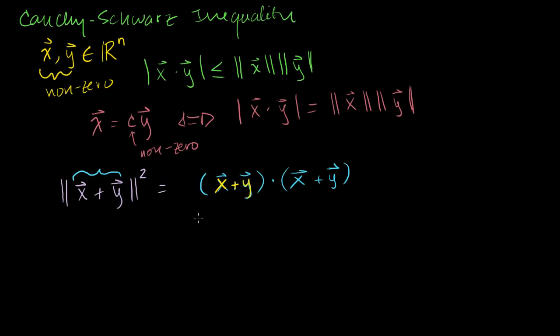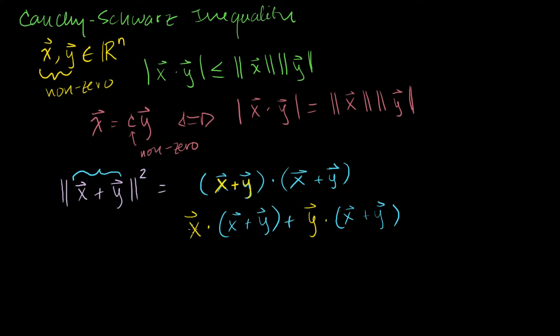So this right here can be rewritten as x dot this x plus y, and then it would be plus this y dot x plus y. It's good to see that when you're multiplying these, you're just applying the distributive property, right? All I did is I distributed this term along each of these terms in this sum right here. So then I got this.